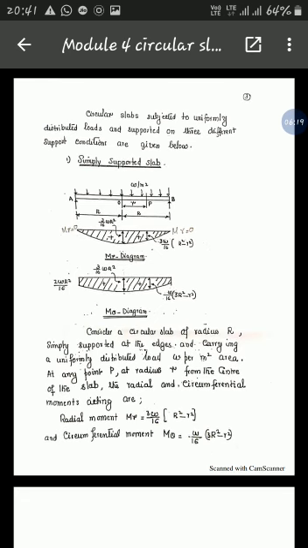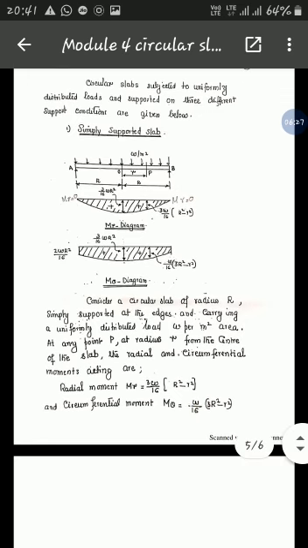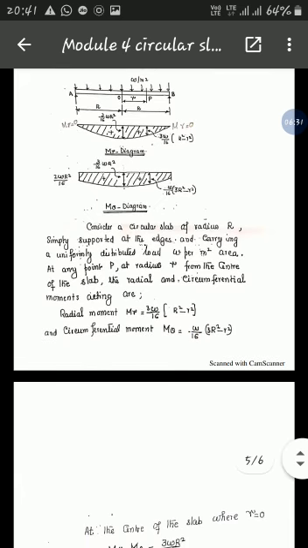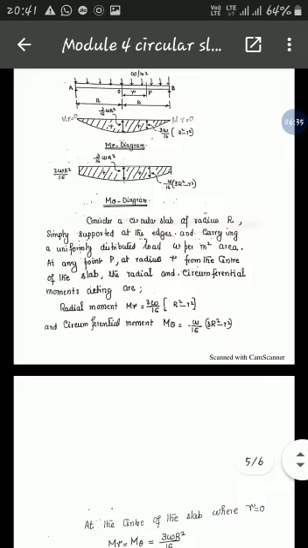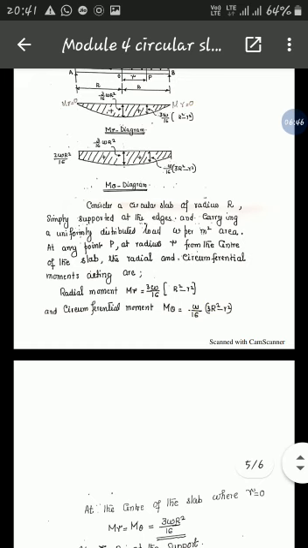And now we can find out what the radial moment is. The radial moment MR is given by the equation 3W by 16 into capital R square minus small r square. Once again, the radial moment MR equals 3W divided by 16 into R square minus small r square, as well as the circumferential moment.